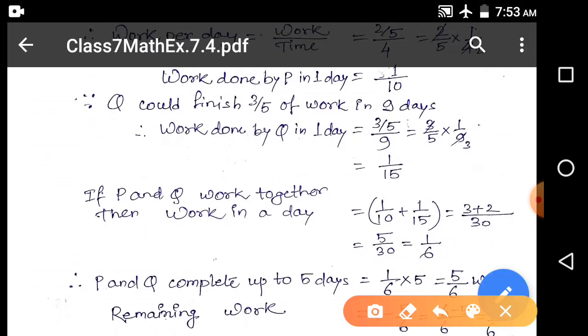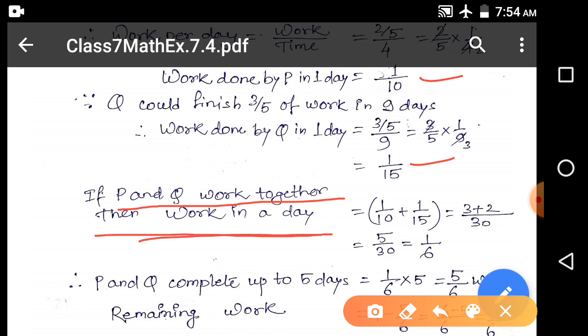Now come to this. If P and Q both work together, then their work per day is added. So total work per unit day when both of them work together, their work is added.